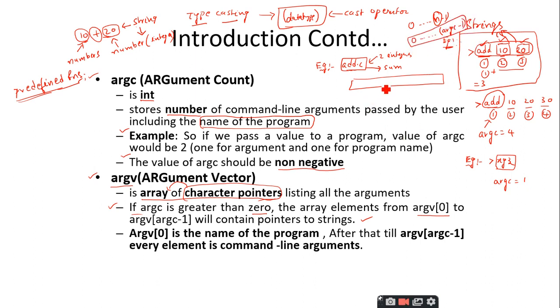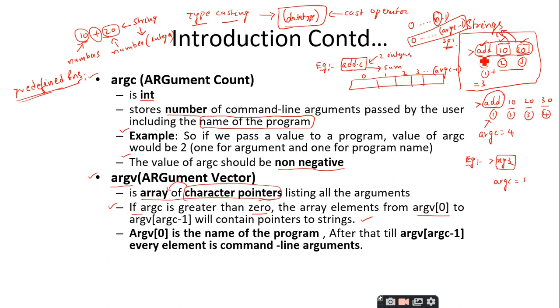So, I have different cells to store the strings, and the index always starts with 0 and ends with, and so on, argument count minus 1. So, the highest index number will be argument count minus 1. Now, look at the mapping we have in the array from the command line.